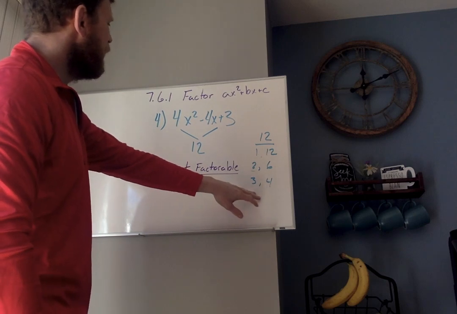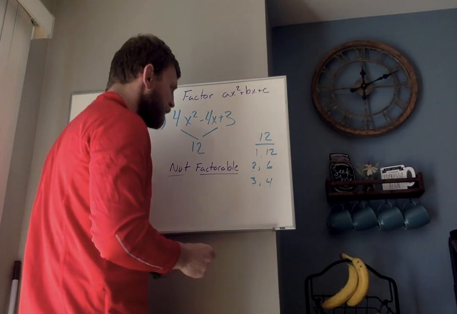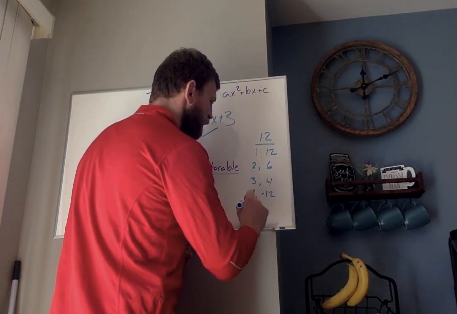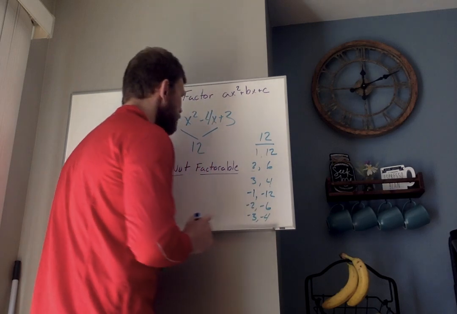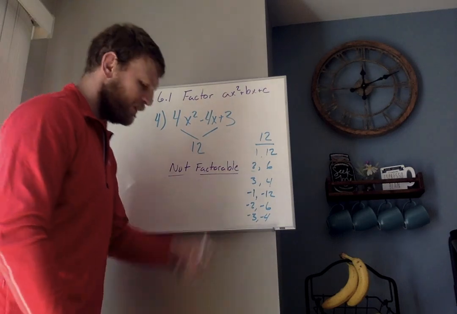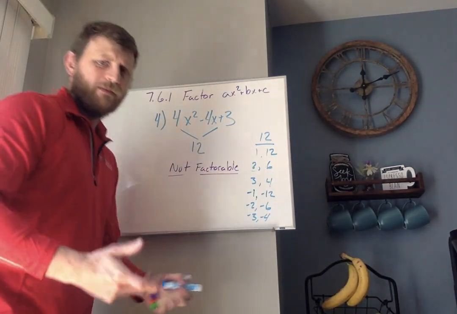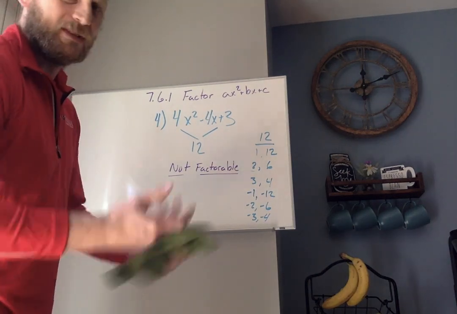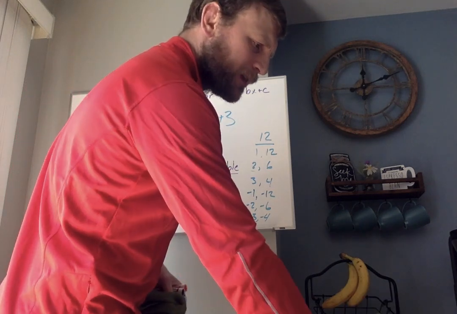Okay, it has to multiply to give me a positive 12, so it could be negative 1 and negative 12, negative 2 and negative 6, negative 3 and negative 4. All right. And if I check these, it doesn't look like any of them will add up to give me negative 4. So I think I'm right. Okay. If I made a mistake, let me know. All right. So that's that.